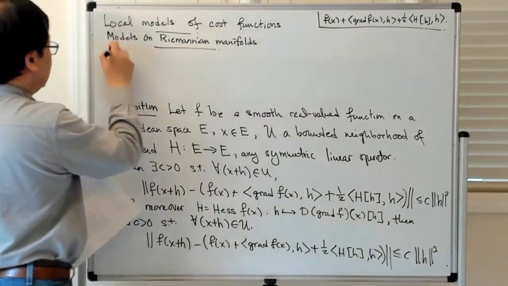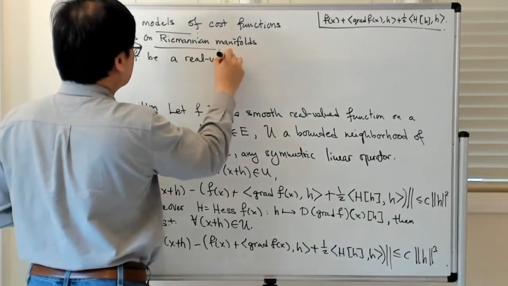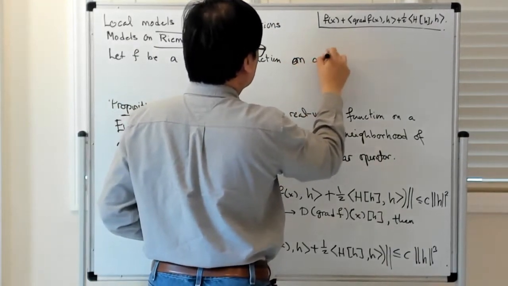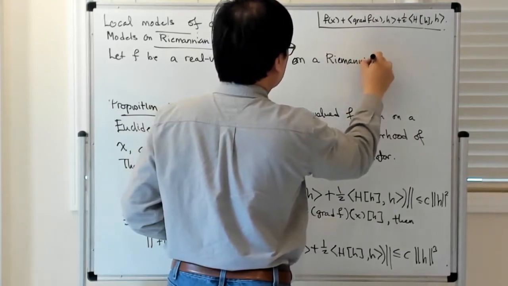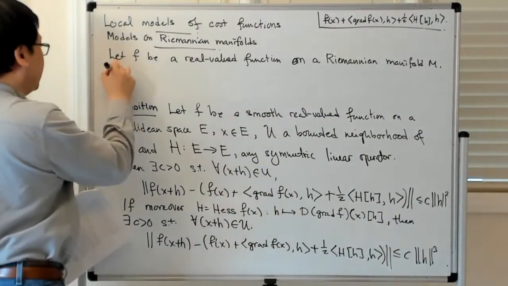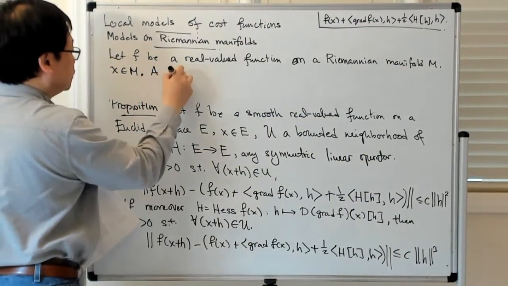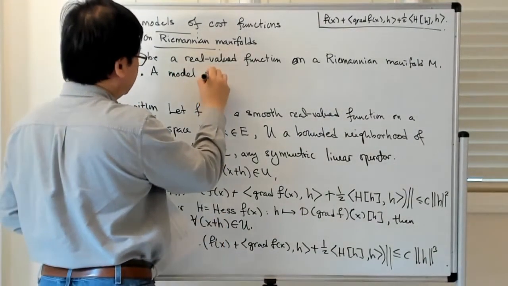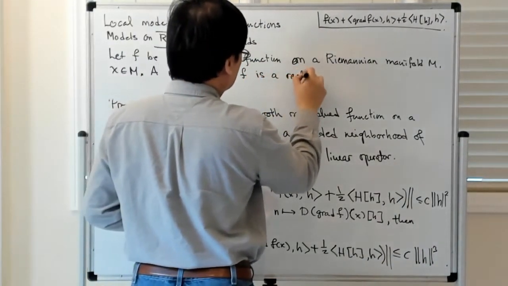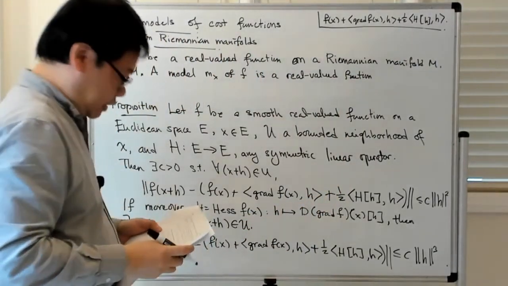So now, as before, we let f be a real valued function on a Riemannian manifold M. Then we have x be a point on M, and a model, let's call it m sub x of f, as a real valued function defined on the neighborhood of x.